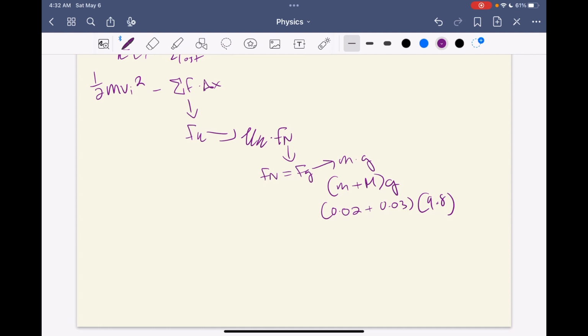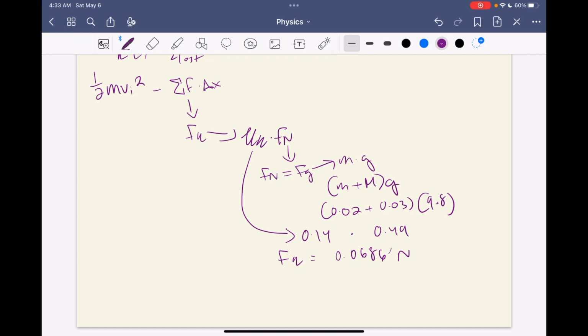So 0.05 times 9.8 is 0.49 newtons. And so that's Fn. Now we can multiply that by mu k, which is 0.14. So 0.14 times 0.49 is 0.0686. And so now we know that Fk is equal to 0.0686 newtons.